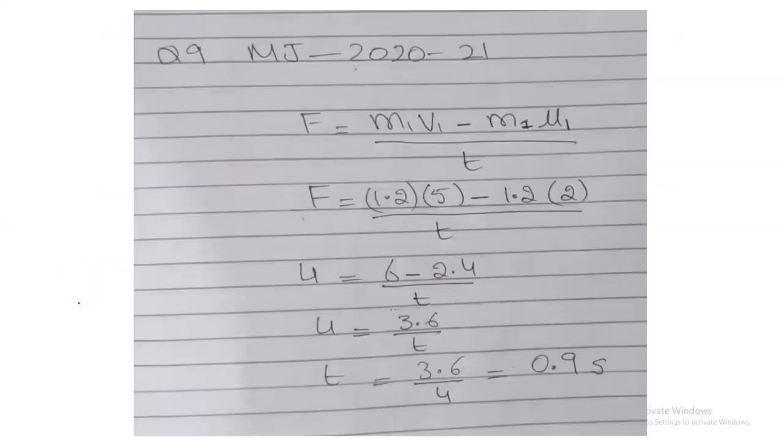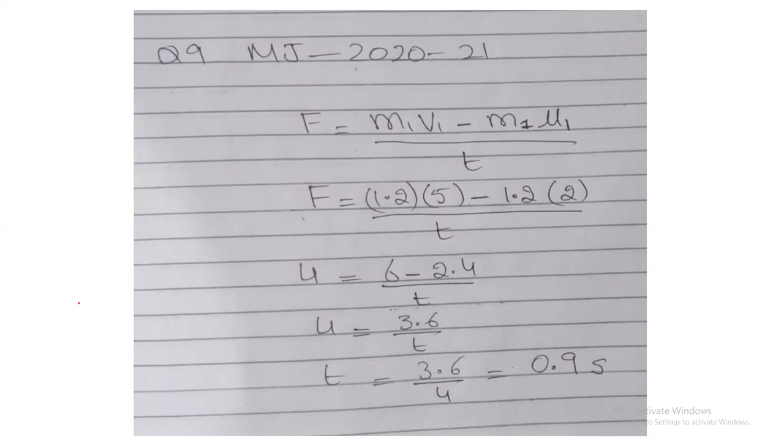Here is the solution. F is equals to the change in the momentum, m1 v1 minus m1 u1, and the whole thing divided by t. Here we will have 1.2 multiply 5 minus 1.2 into 2 divided by t, and the resultant force is 4. So 4 is equals to 6 minus 2.4, the whole thing divided by t.